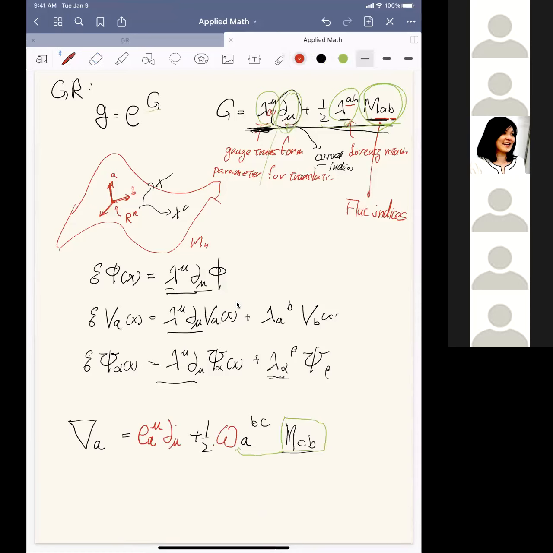So the omega^a_bc here is what is usually called the spin connection. The spin connection is the gauge field for local Lorentz transformations.